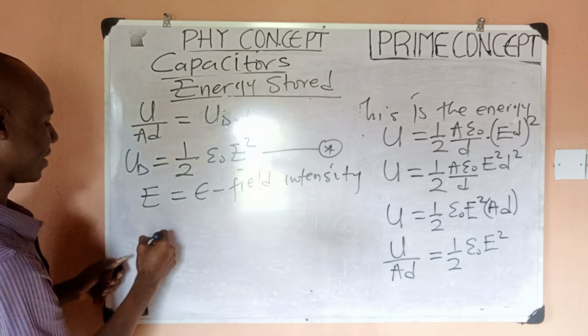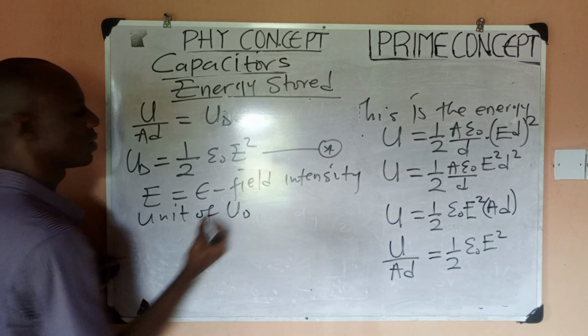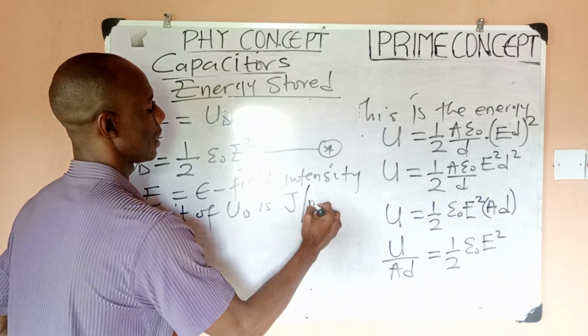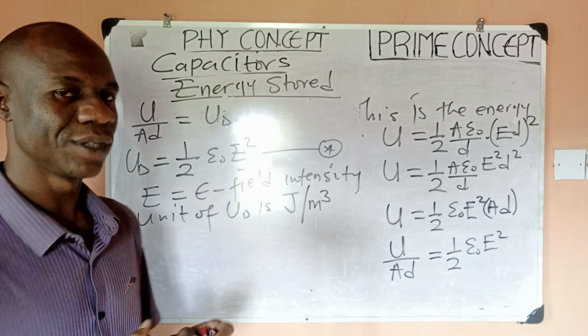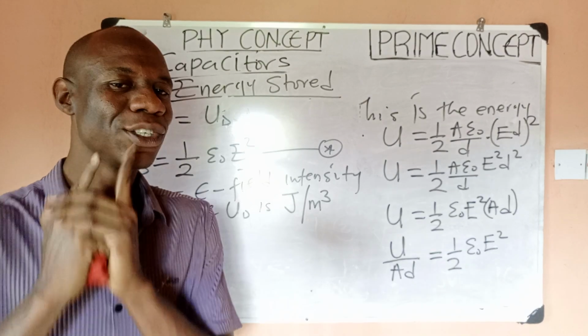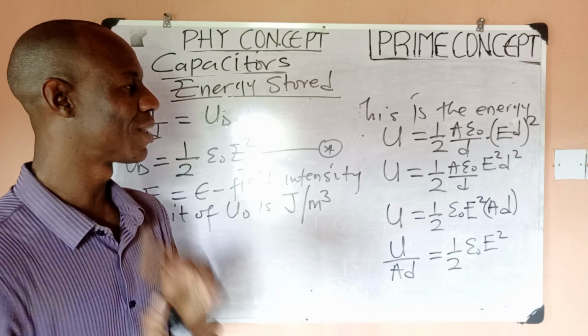And what is the unit of energy density? The unit of energy density is joule per meter cube. The unit of energy is what? Joule. So don't confuse these two things. Take note of this.